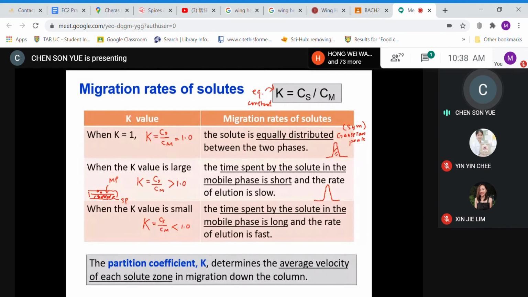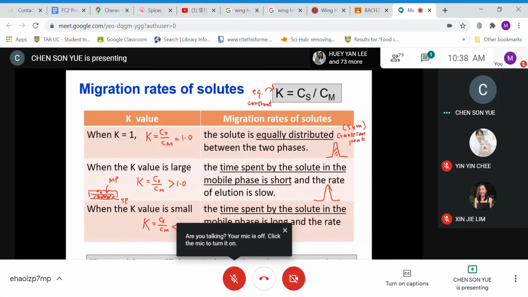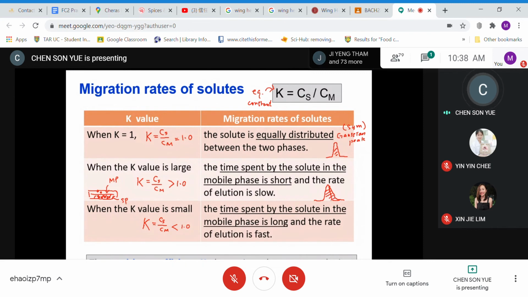Because it comes out slower, you get a broader peak here at the back. This band broadening is what we call tailing. It's a tailing peak, broader at the back.